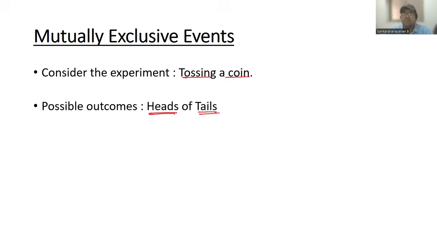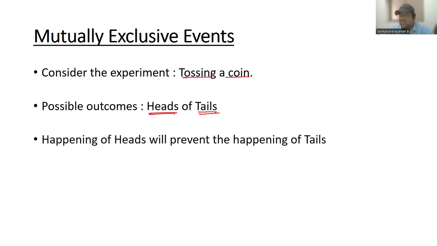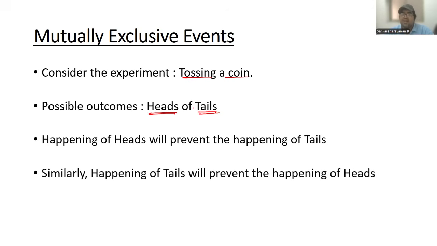Here we can understand that the happening of heads prevents the happening of tails. If it's heads, definitely it's not going to be tails. In the same way, the happening of tails prevents the happening of heads.